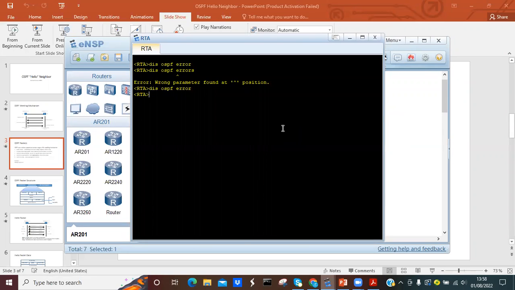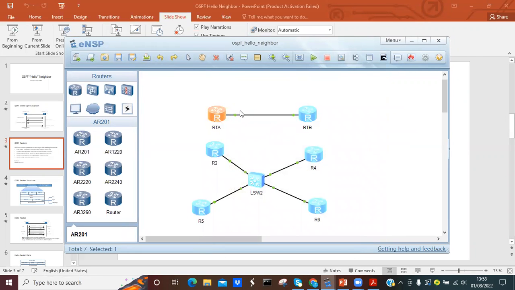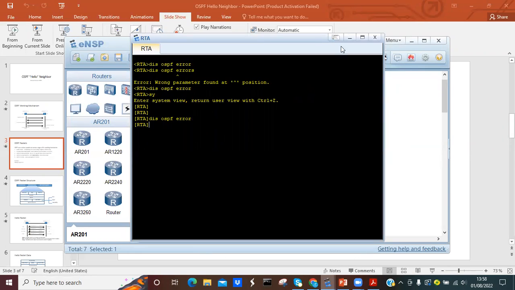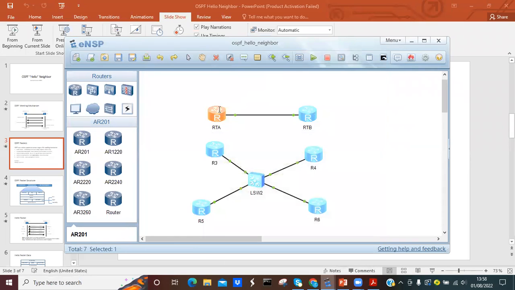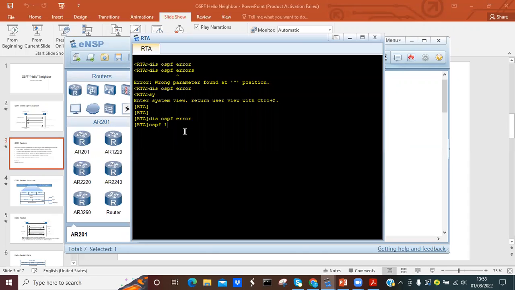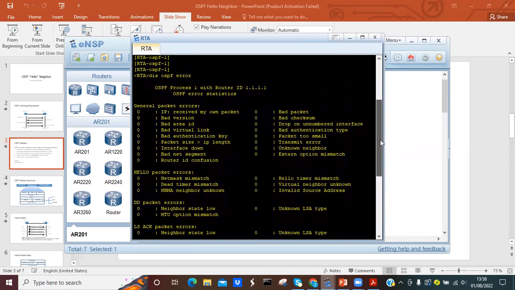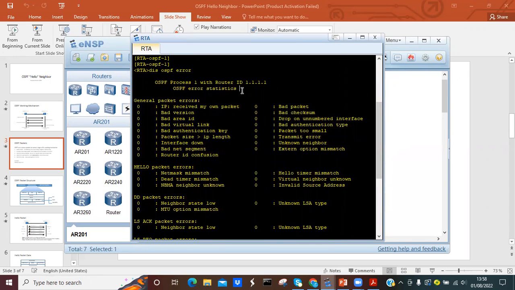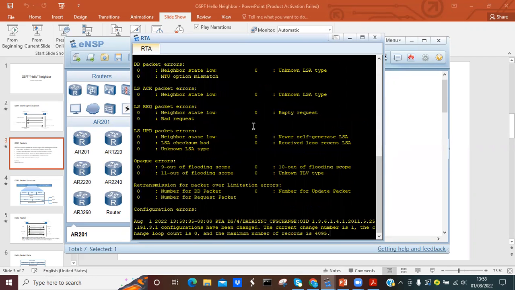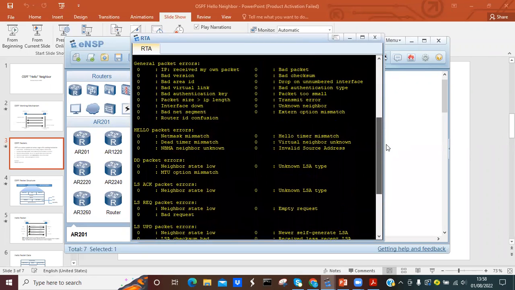Sorry about this, let me institute an error here. If you display OSPF errors, you will see the OSPF error output, which gives statistics about errors. That is not very important for our description. What we want to see is this packet.